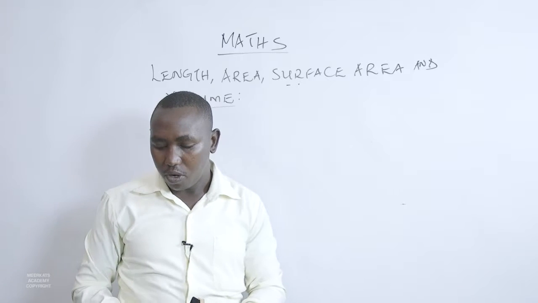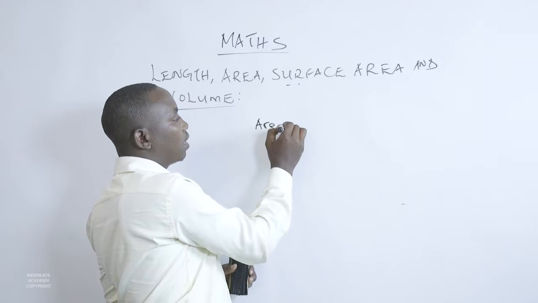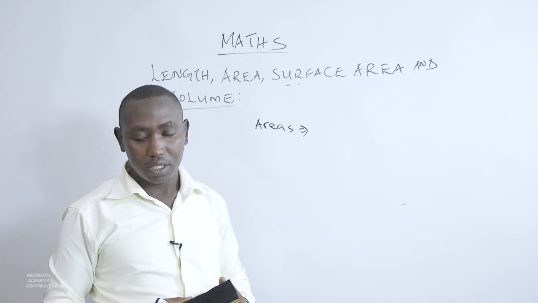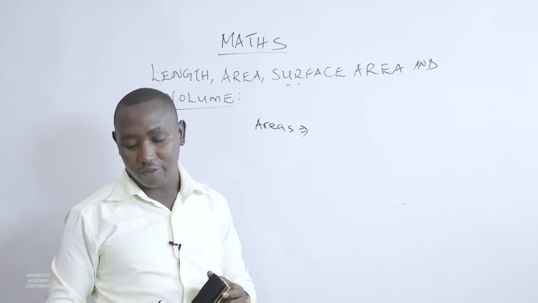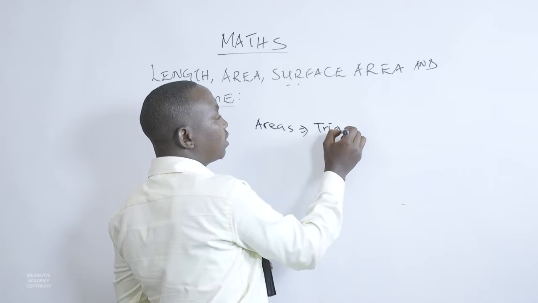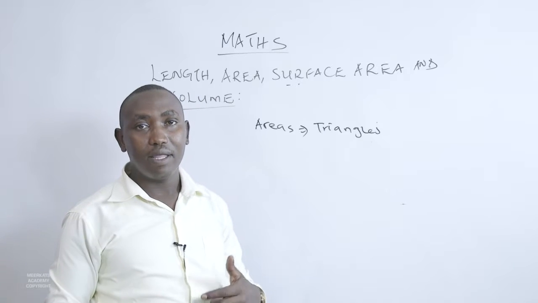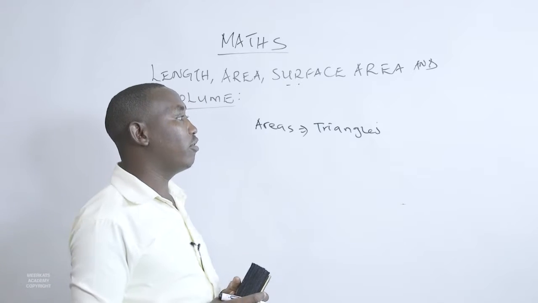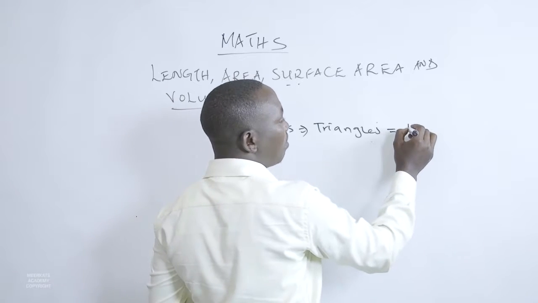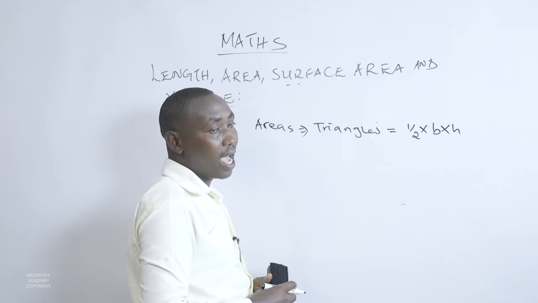We were also able to cover areas. And we looked at areas of different solids or different figures. We began by looking at areas of triangles, and in this case you are given the base and the height of that triangle, and we say that area will be given by a half multiplied by the base multiplied by the height.